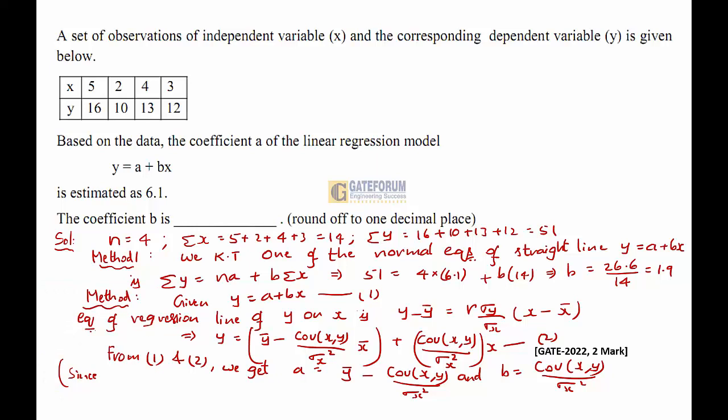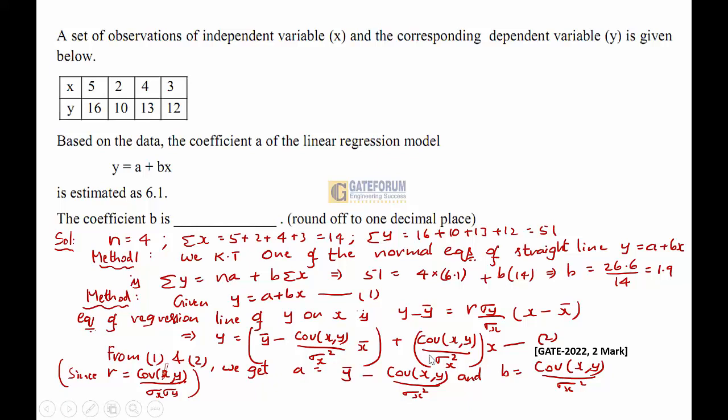Since R is equal to covariance of x comma y divided by sigma x into sigma y, if you substitute here, then R sigma y by sigma x simplifies to covariance of x comma y by sigma square x. Okay.